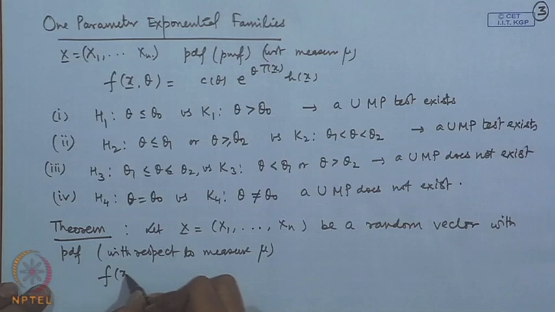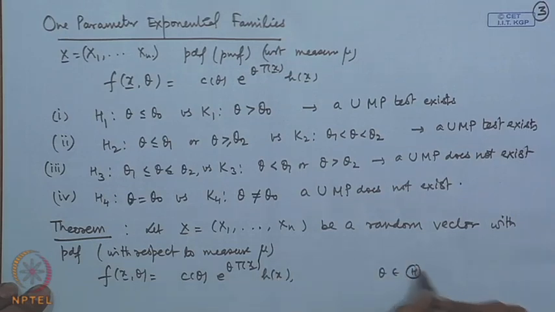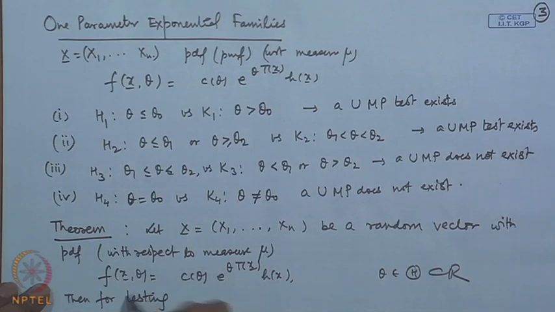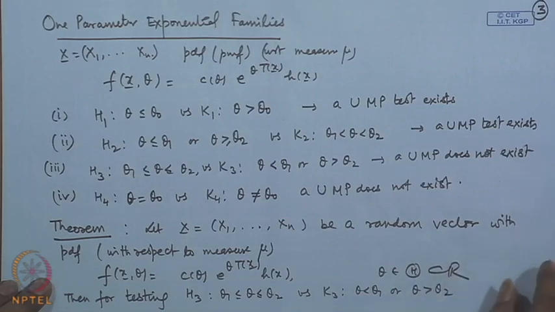So, f(x; theta) = c(theta) e^(theta T(x)) h(x), where theta belongs to Theta, a subset of R. Then for testing H3, that is this particular third case, theta 1 less than or equal to theta less than or equal to theta 2 versus K3: theta less than theta 1 or theta greater than theta 2.